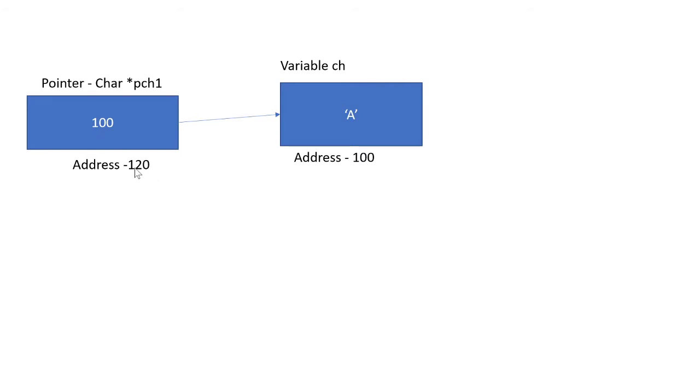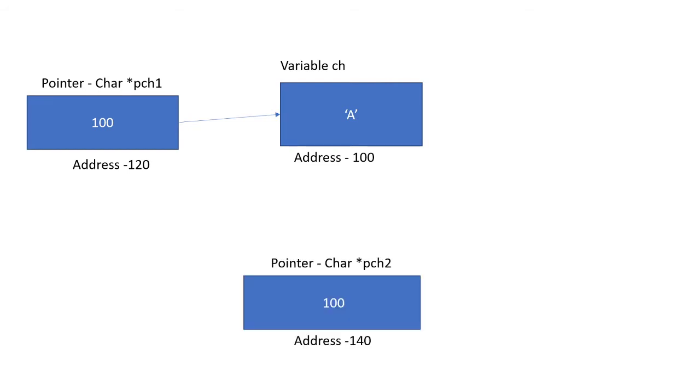Note it might have its own address, but the key is that it is pointing to this memory location. This itself is a variable, that's why it might have its own address on the stack. And finally, I created another variable and made it point to the same memory location. So if I change the value here to b, and I reference it through either of these pointers or through the variable ch, I will get the same value as we saw in our code.